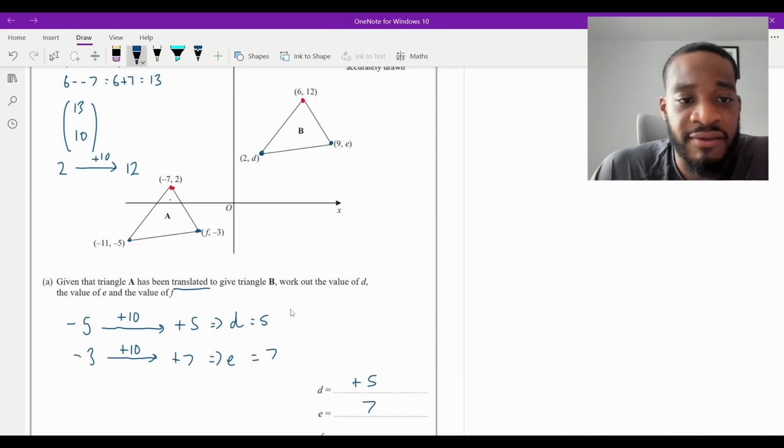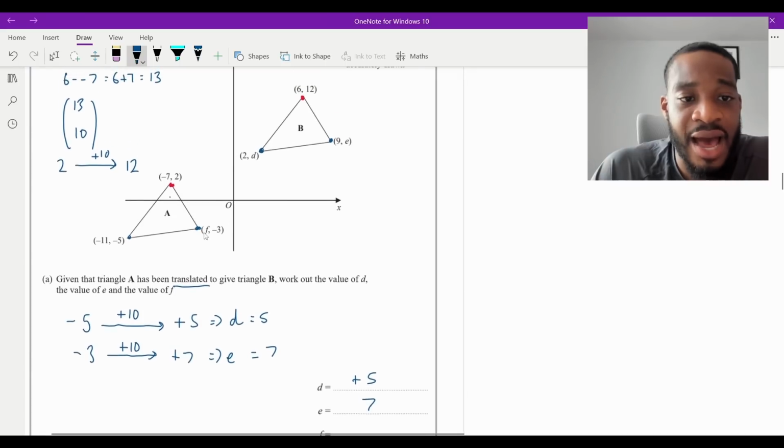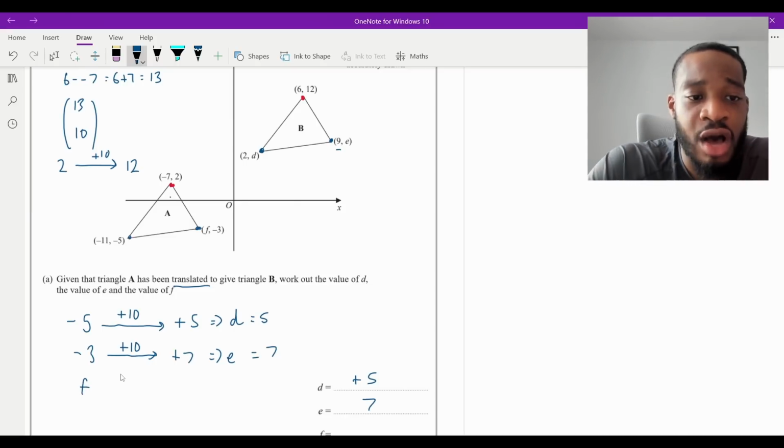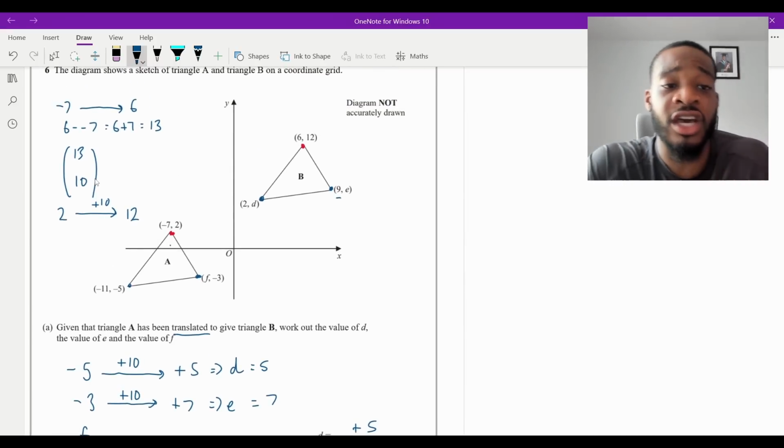The last point we need to find is F. And that happens to be the x-coordinate of the original triangle that hasn't been translated yet. But that's not a problem. That corresponds to this point. So let's say this is F over here. Now, it's an x-coordinate. Let's look at our vector. The vector tells us that we're moving 13 units to the right.